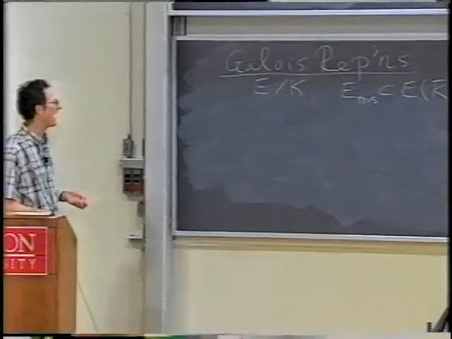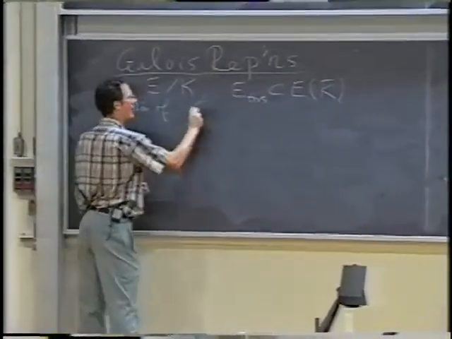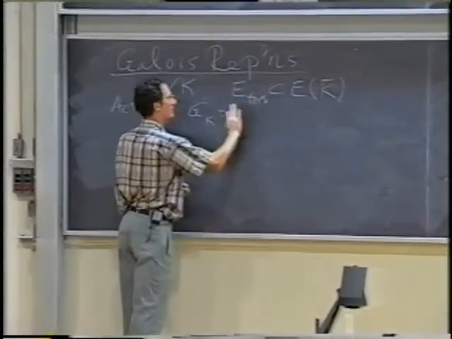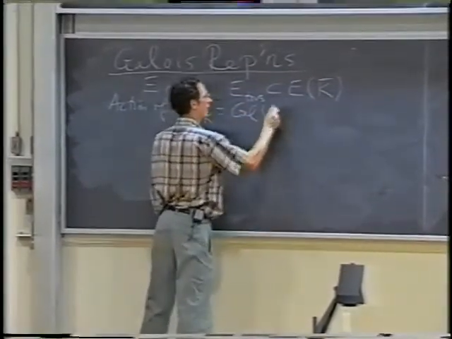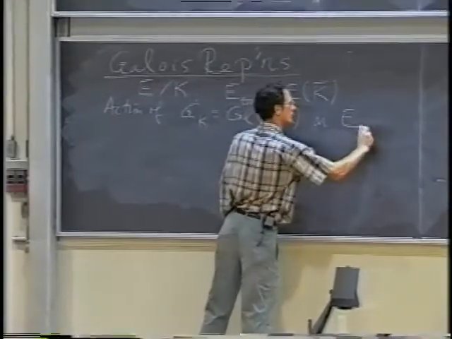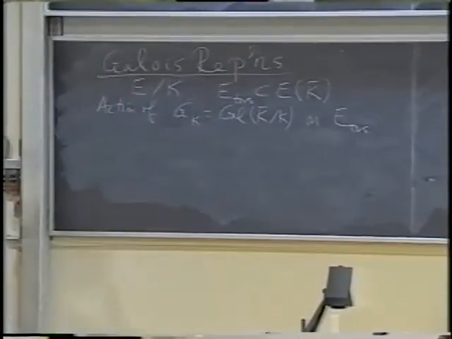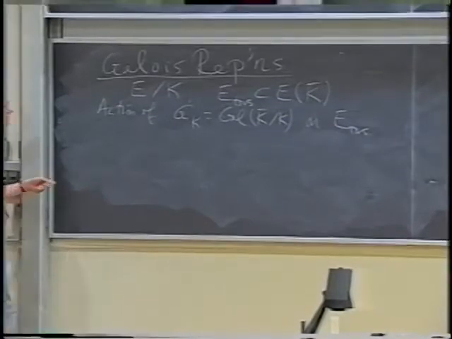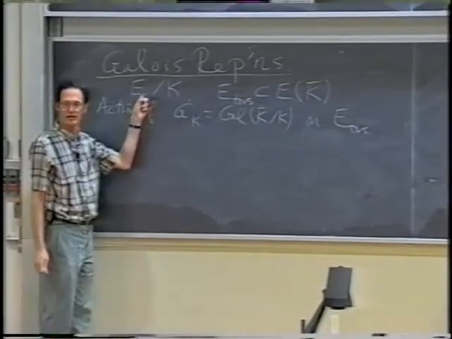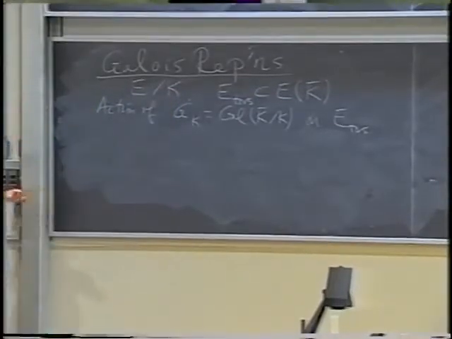So you can look at the action of the Galois group G_K, which I'll write for the absolute Galois group of K bar over K, on the torsion, or on the inverse limit of the torsion, the Tate module. And this gives representations because this action will commute with the group law on E because E is defined over K, so the group law is given by equations with K-rational coefficients.